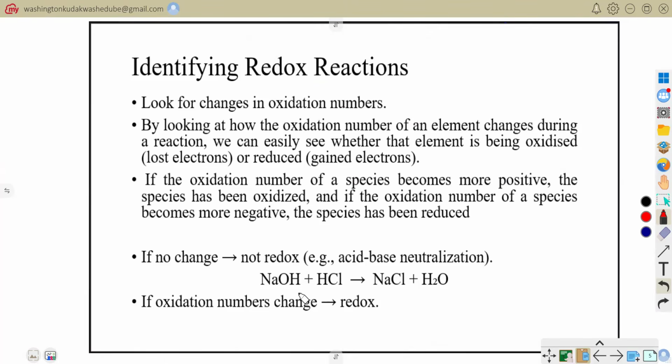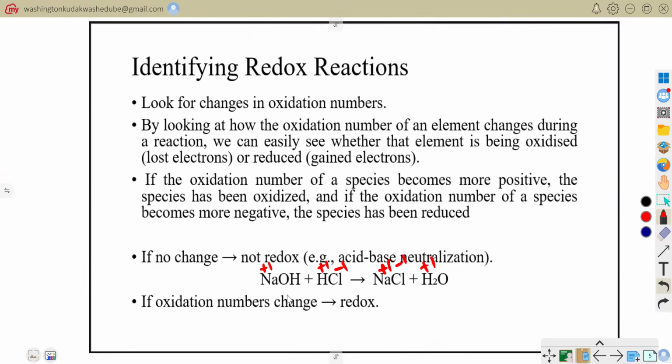For example, when you react sodium hydroxide plus what? Hydrochloric acid. You can see that the oxidation state of sodium here was just +1, and after, it is also +1. There is no change in oxidation state. For hydrogen, there is +1 here, and here it will be +1. For chlorine, -1, and also here -1.